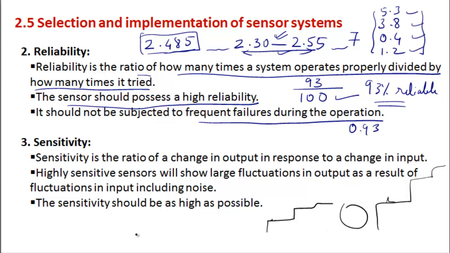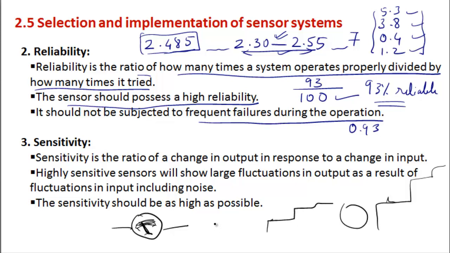And sometimes you might have seen certain devices wherein, suppose you are having a device like this, the pin basically fluctuates to show what is the value that is being measured. You can see that certain sensors are very sensitive.